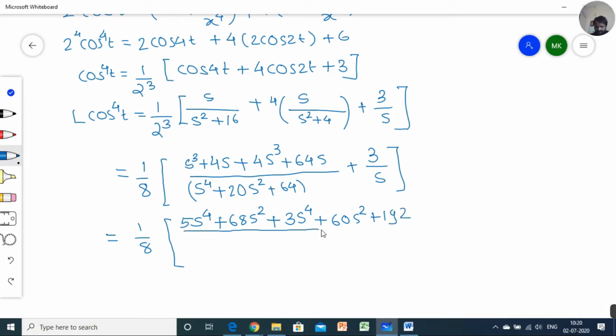Just verify whether it is 192 or not. s raised to 4 plus 20s square plus 64.